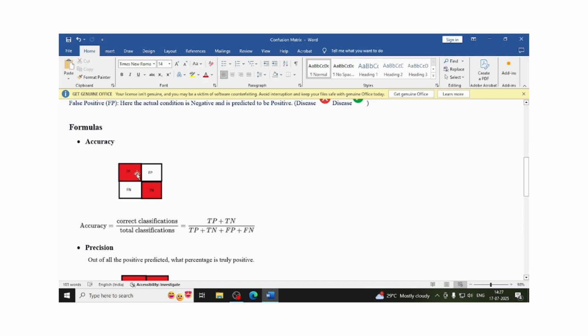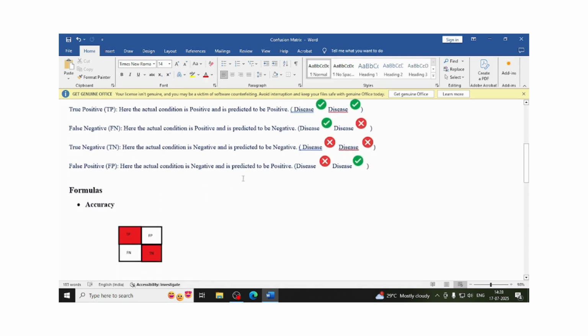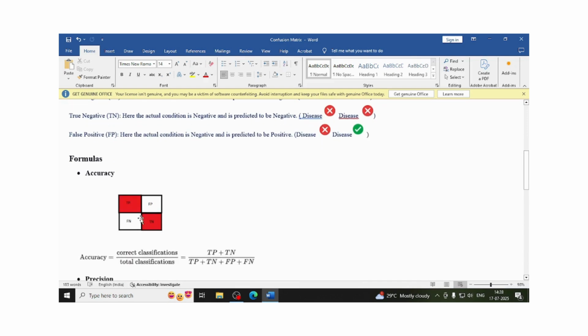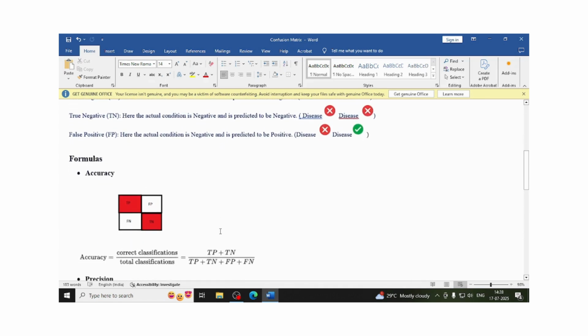TP shows that the person has the disease, the predicted condition is positive and the actual condition is also positive. TN shows that the actual condition is negative and the predicted condition is negative. So we get two parts that give the correct classification, whether having the disease or not having the disease.